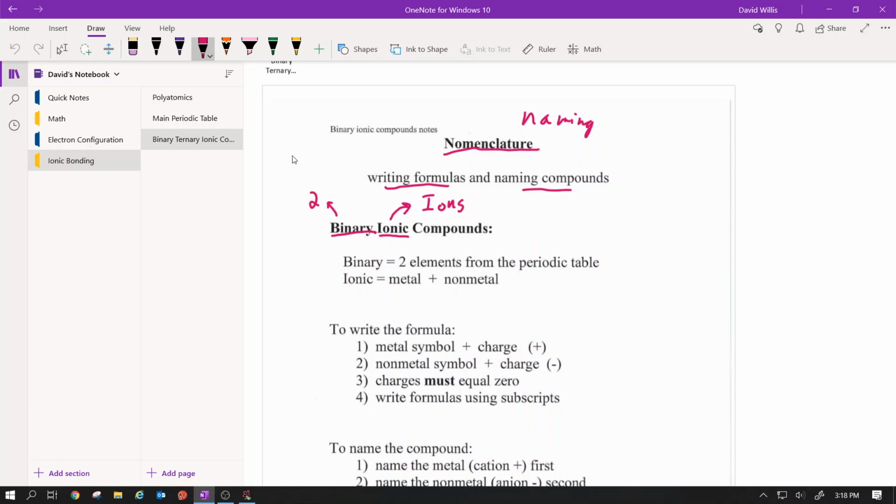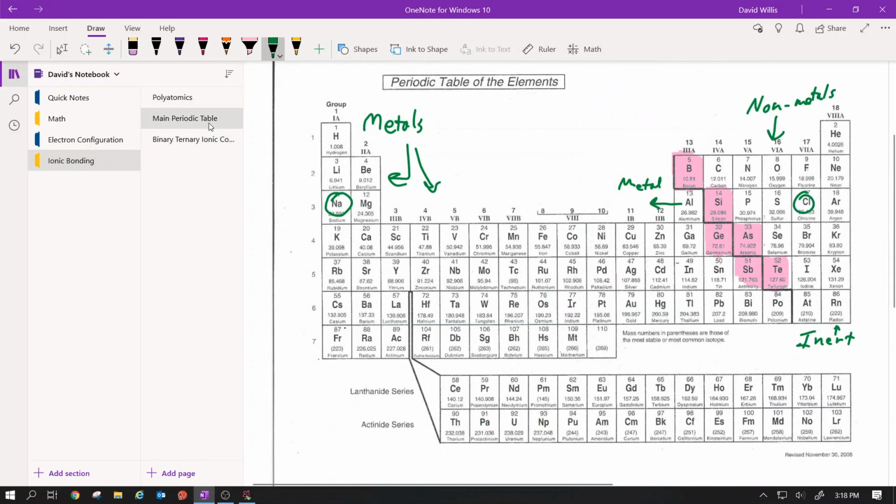So when we look at binary ionic compounds, what we're going to have is 2 elements from the periodic table, usually a metal and a non-metal. Let's go to the periodic table for a moment.